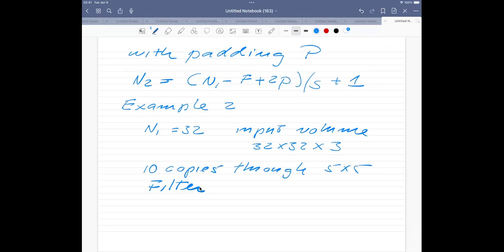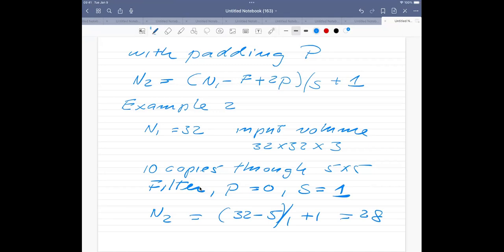We could say we have a padding P equal to 0, and we use stride equal to 1. So what we are going to get is a downsized image N2, which is equal to 32 minus 5, divided by 1, plus 1, and that gives us 28.